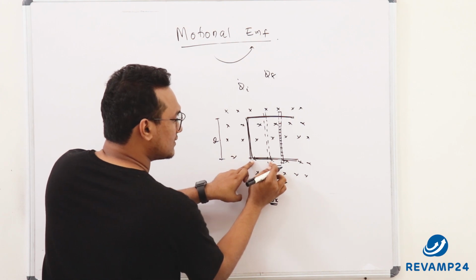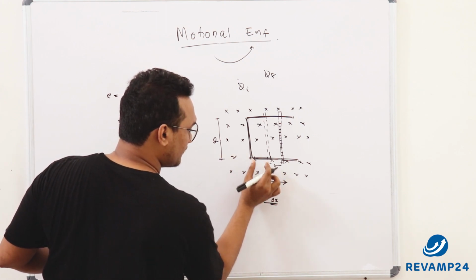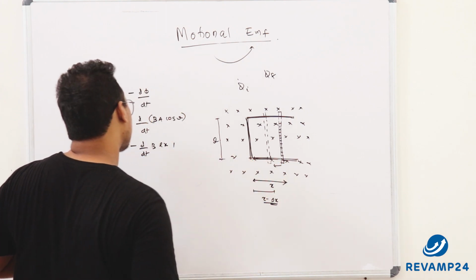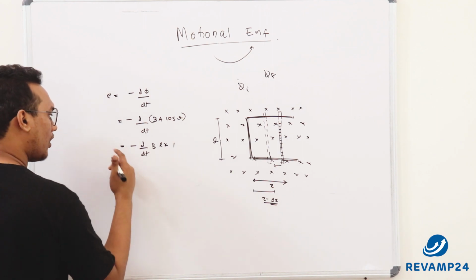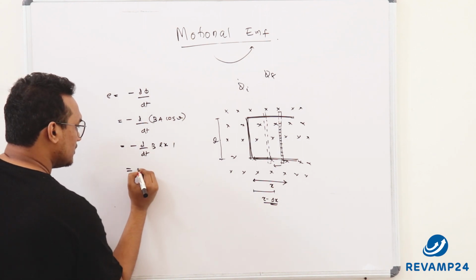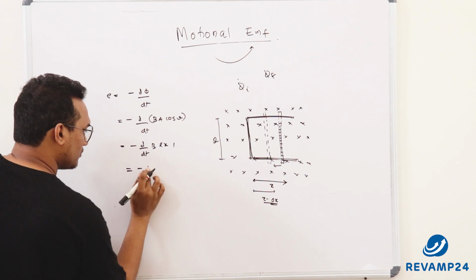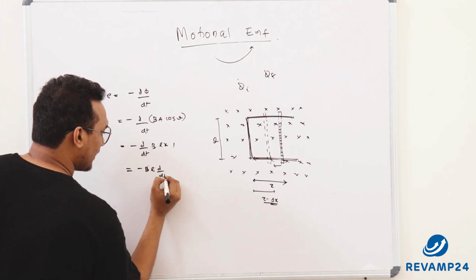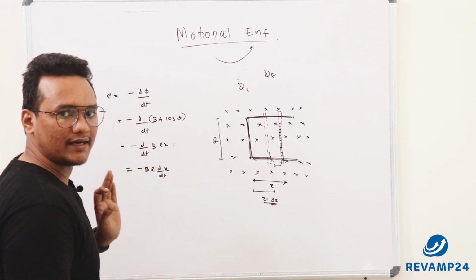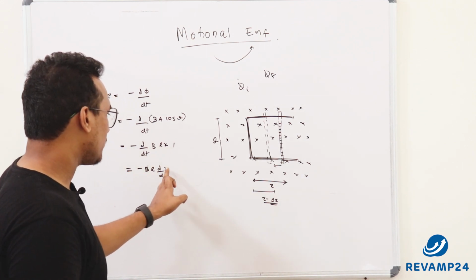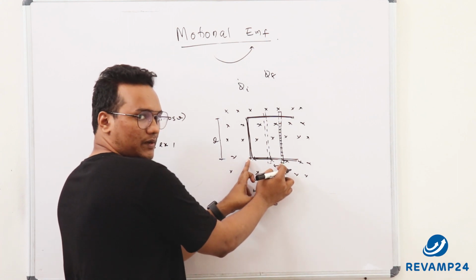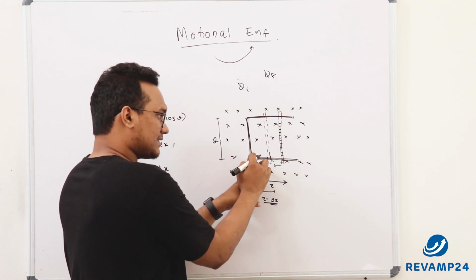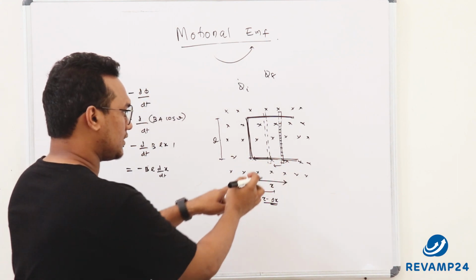So now the new length is different. The effective length is different. So x is the value that is changing here. So except x, all other terms I will take outside. So minus d by dt of x, with B and L outside. What is dx by dt? That is rate of change of position. X is nothing but displacement or distance here. In this case it is displacement, or the total length.